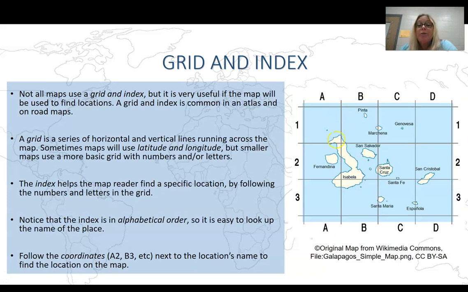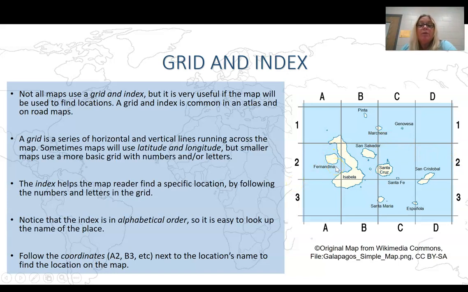Sometimes maps use latitude and longitude to make a grid, but most of your smaller maps are going to use a grid with a basic number and letter system. So here you can see A, B, C, D, the same on the top, and then the numbers 1, 2, 3, same on both sides.